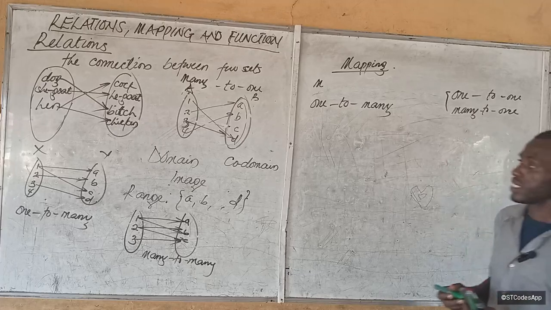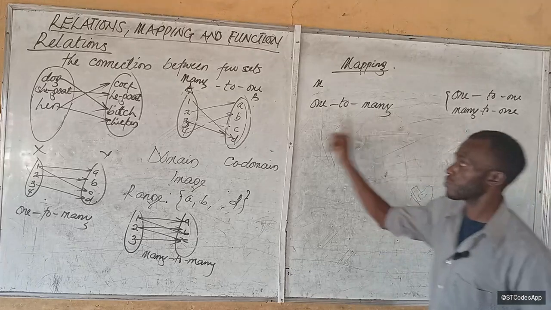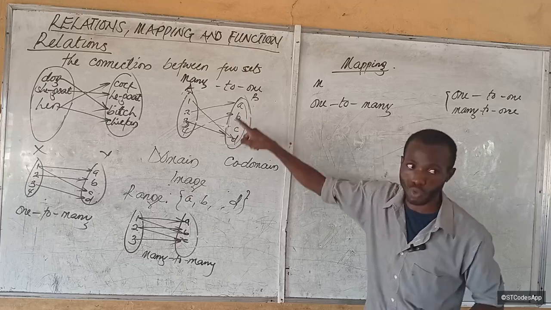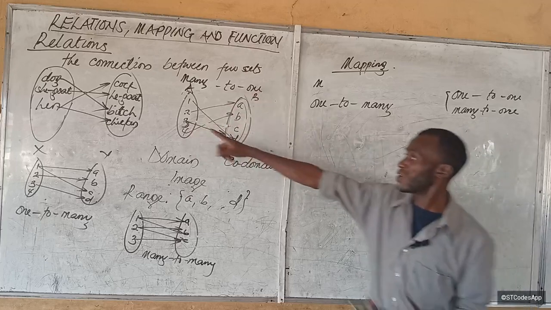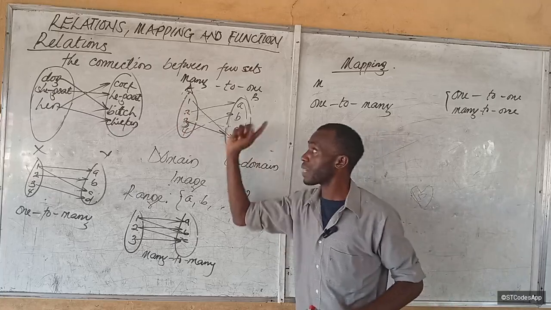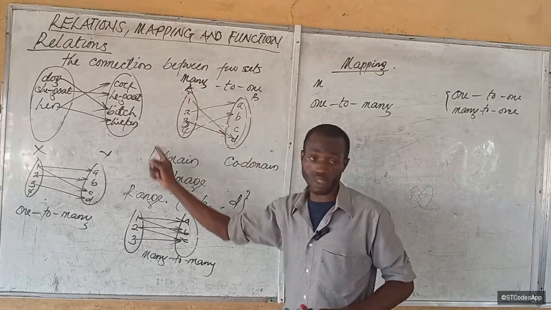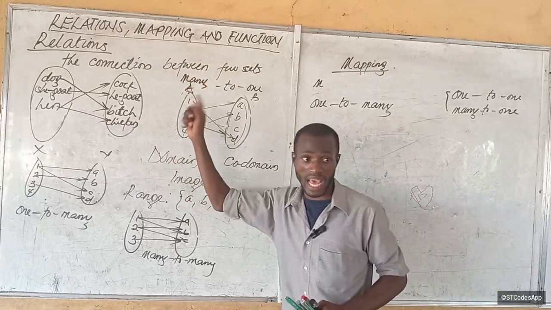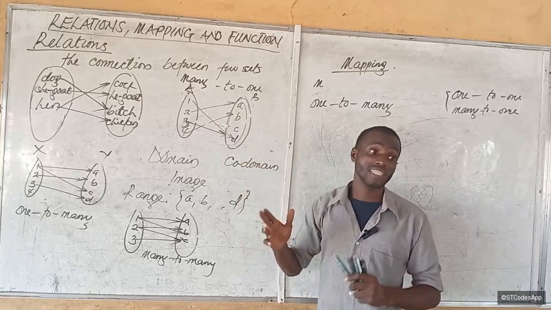Okay. Now, it is also possible that in our mapping, some element here is not mapped to. So this case is also a mapping. Why? Because all the elements here have been mapped to something. Once a member of the domain has an image in the codomain, then it is what?